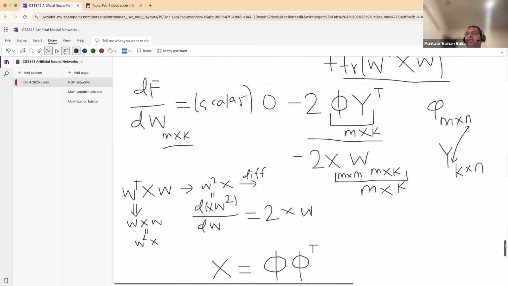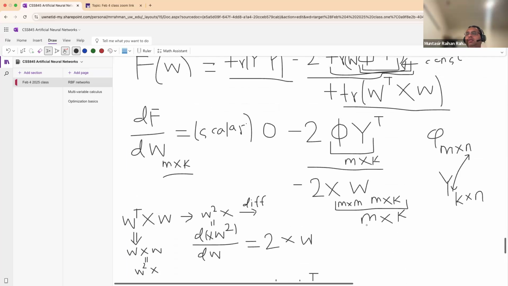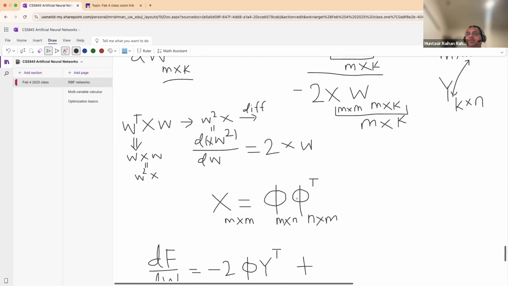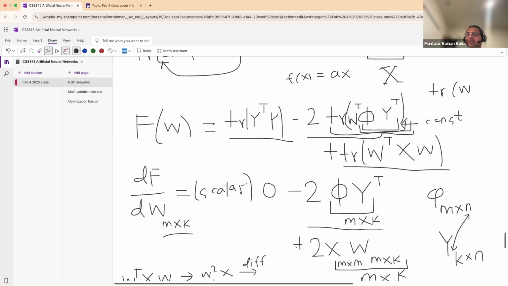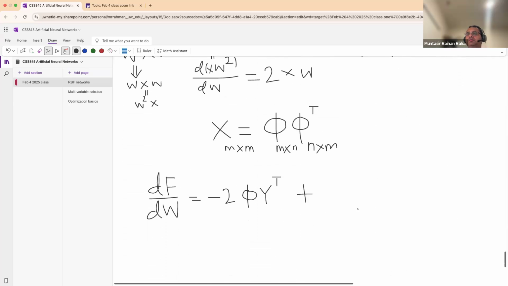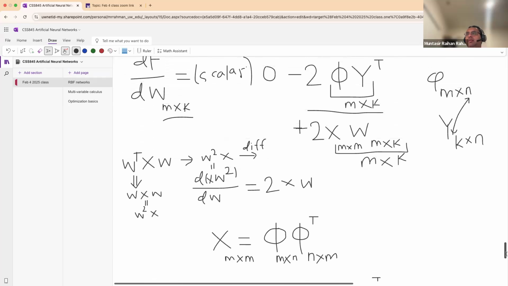Plus, what do I have? It's 2 times x times w, but what was x? X was phi transpose, right? So this is actually a plus. So I have plus 2 times phi transpose times w.